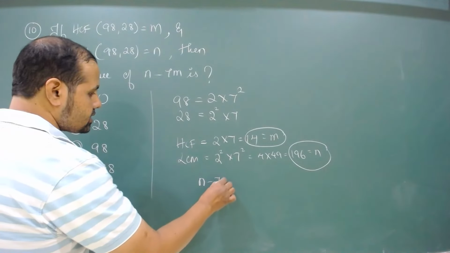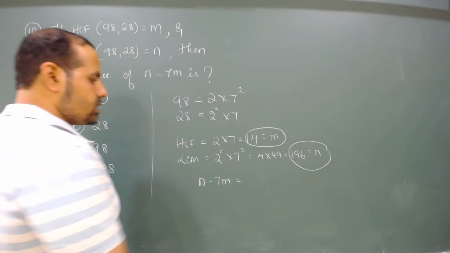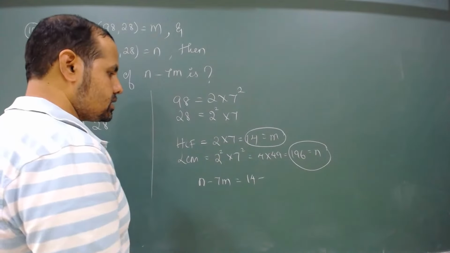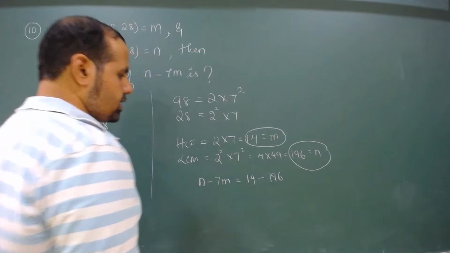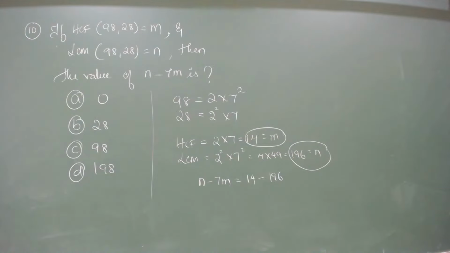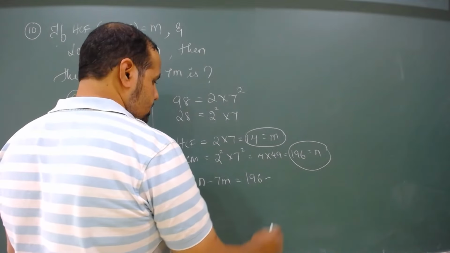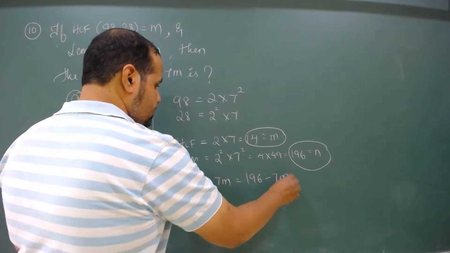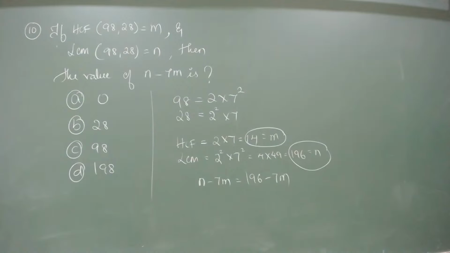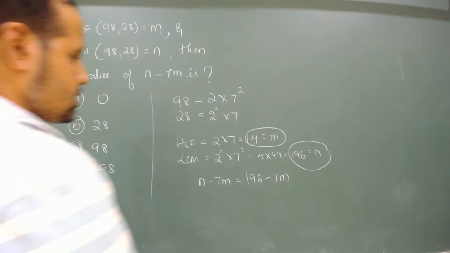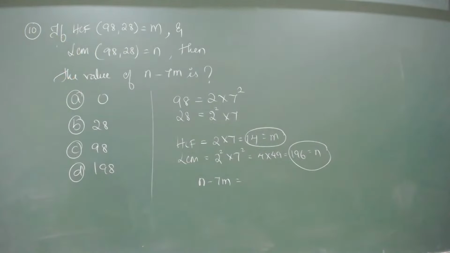So we put here n minus 7m is equal to, n is 196, minus 7 times m, which is 14.